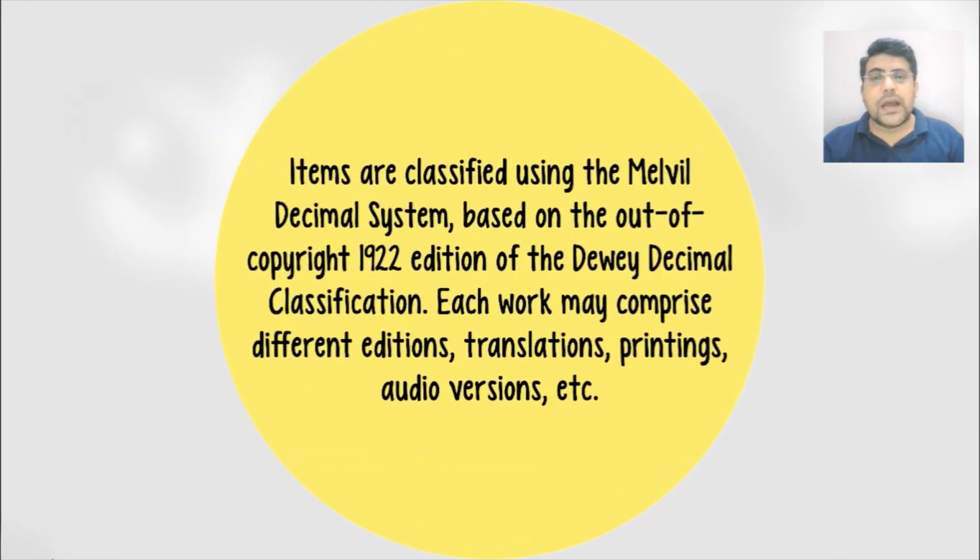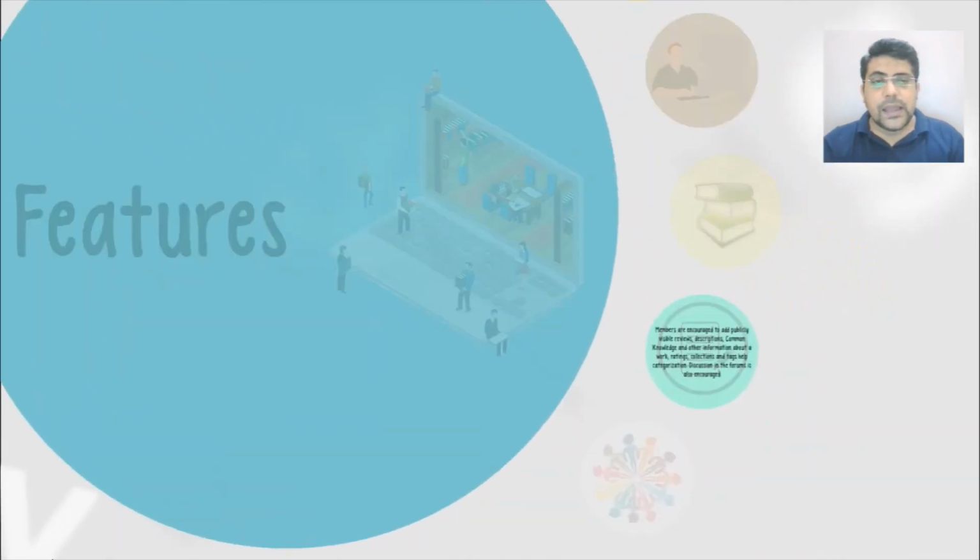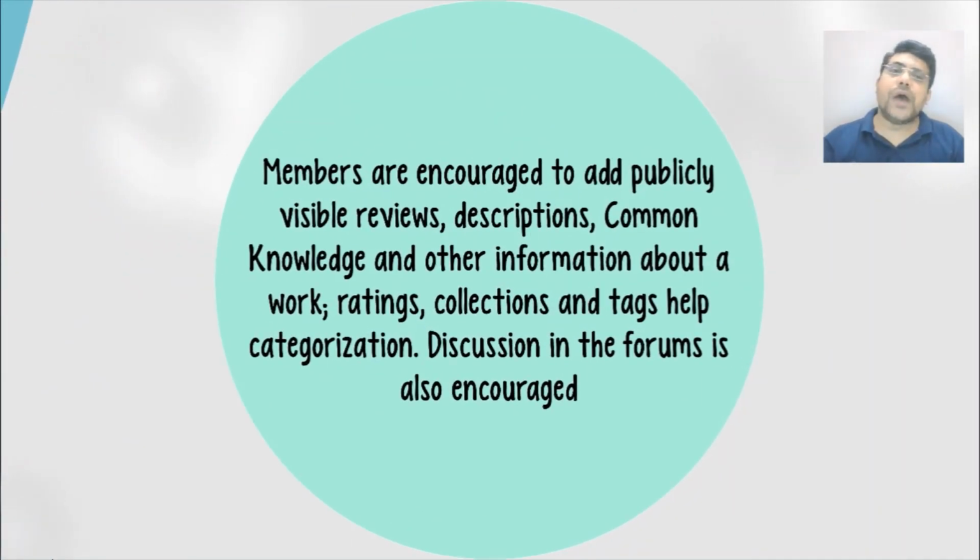After the cataloging, items are classified using the Dewey Decimal Classification scheme. We all know about the DDC, which here is based on the out-of-copyright 1922 edition of the Dewey Decimal Classification. Each work may comprise different editions, translations, printings, audio versions, etc. Members are encouraged to add publicly visible reviews, descriptions, common knowledge, and other information about a work.